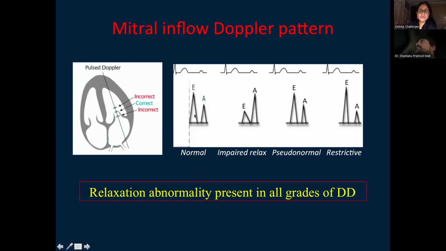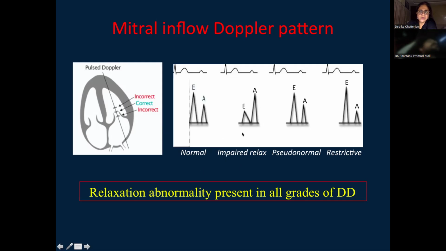So instead of 80% filling occurring during the early rapid filling phase, only 20 to 40% filling takes place, and the rest goes to the left ventricle during the late rapid filling phase. So the E becomes smaller than the A wave.